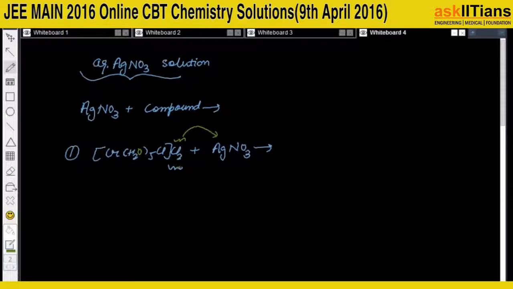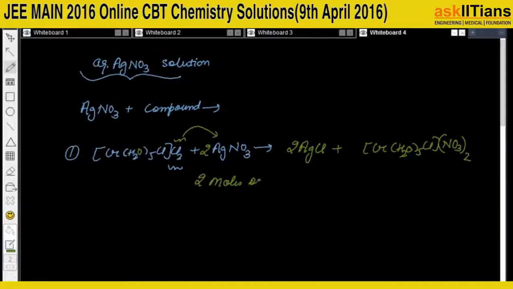So these 2 chlorines will be combining with 2 moles of AgNO3 and they will lead to the formation of the precipitates 2AgCl plus you will be getting CrH2O5ClNO3, and this will be whole twice. That means here you needed 2 moles of aqueous AgNO3 in this particular equation.